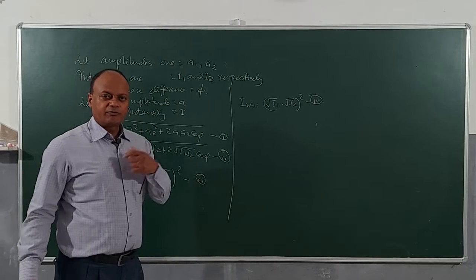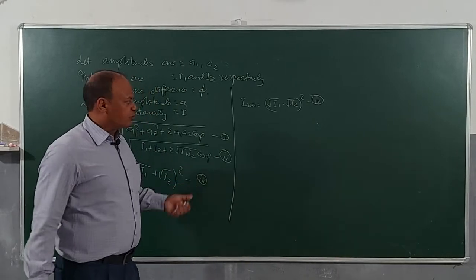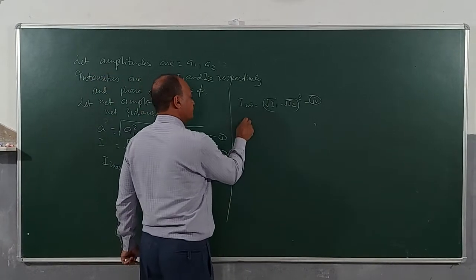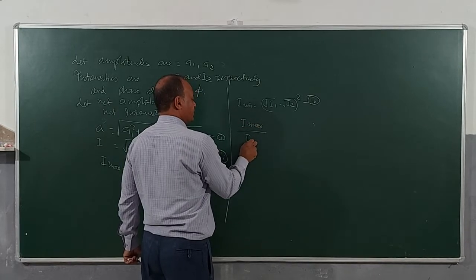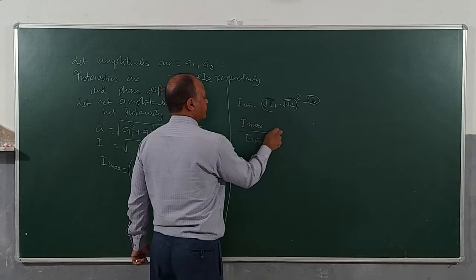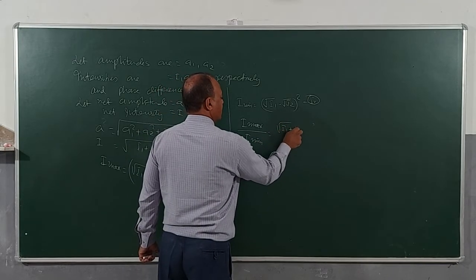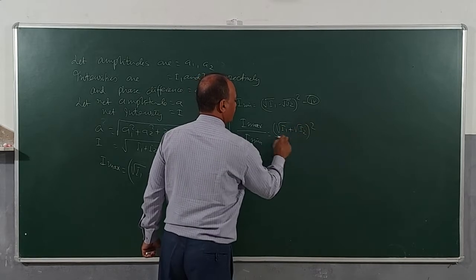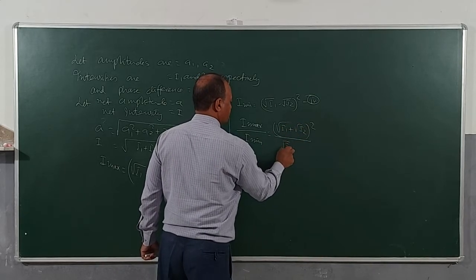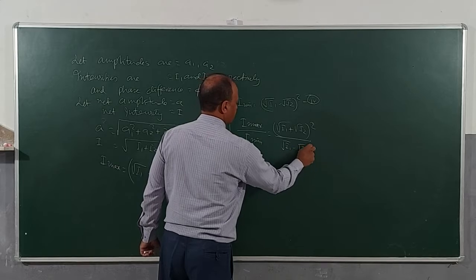Similarly, we can have a formula for amplitude. This intensity ratio I maximum upon I minimum, children, will be root over I1 plus root over I2 whole square divided by root over I1 minus root over I2 whole square.